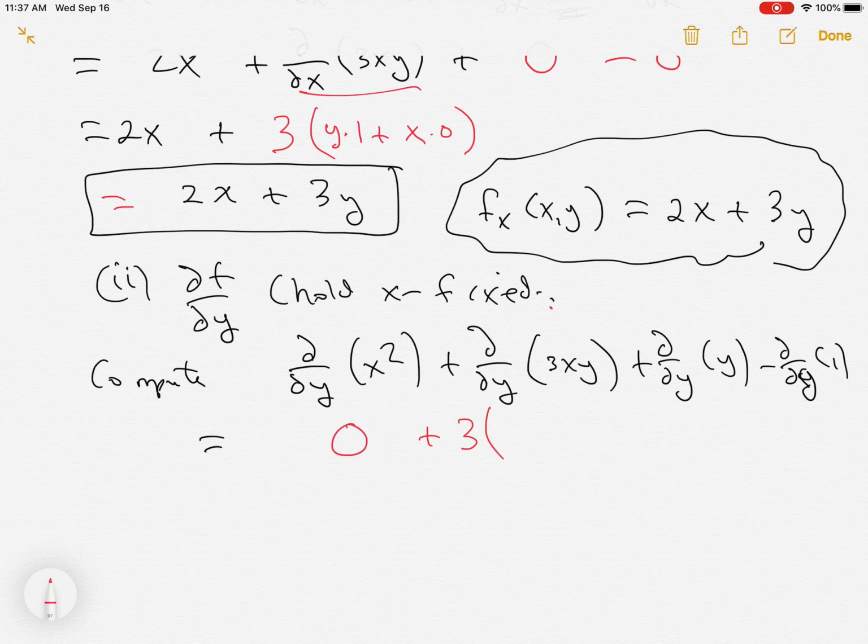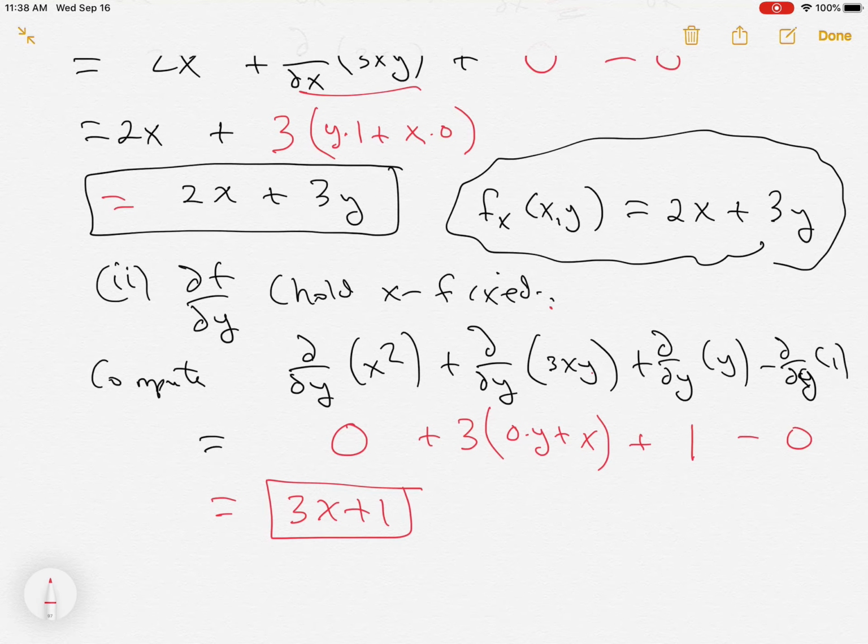And so the derivative with respect to y of x is 0 times y plus the derivative with respect to y of y is 1, so we have 3x. Okay, and then the derivative with respect to y of y is 1, and then that's 0. So we're left with 3x plus 1.